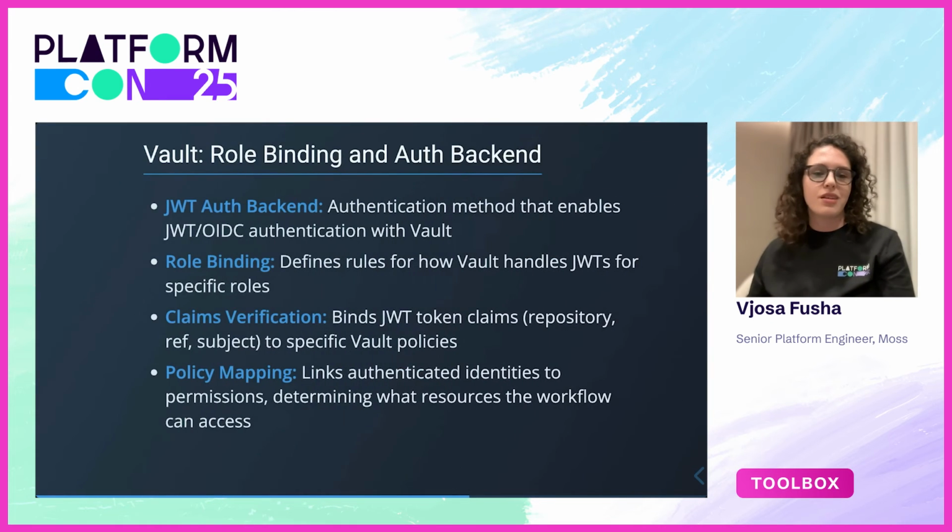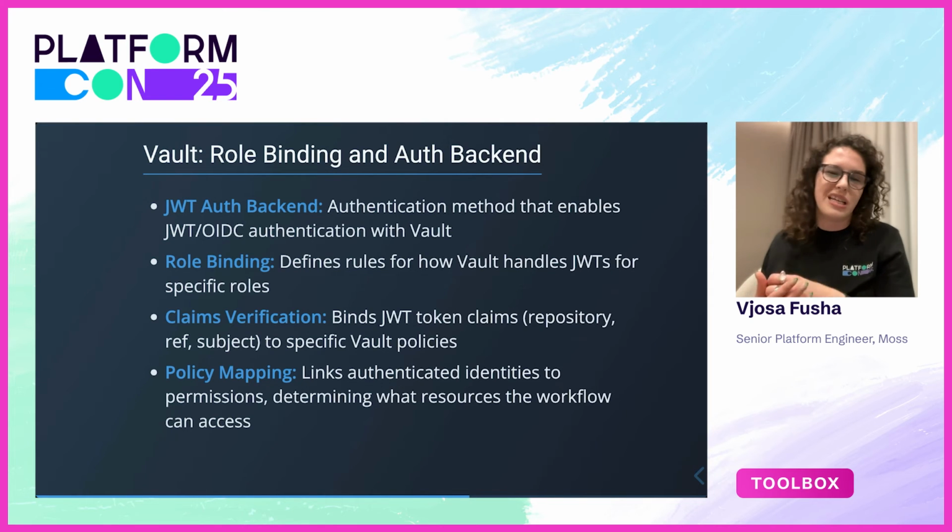Now, Vault. Here, generally, there are some different concepts, but for the same reason. Vault uses a role binding and an auth backend. Generally, an auth backend is just an authentication method that enables OIDC authentication with Vault. Then a role binding defines the rules of how Vault handles this token for specific roles.